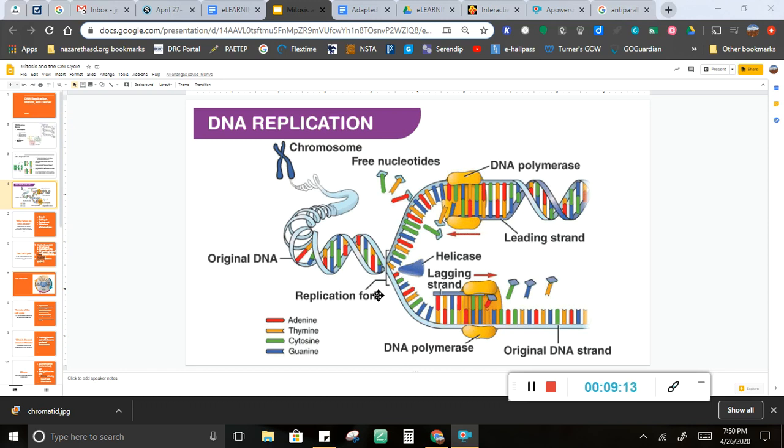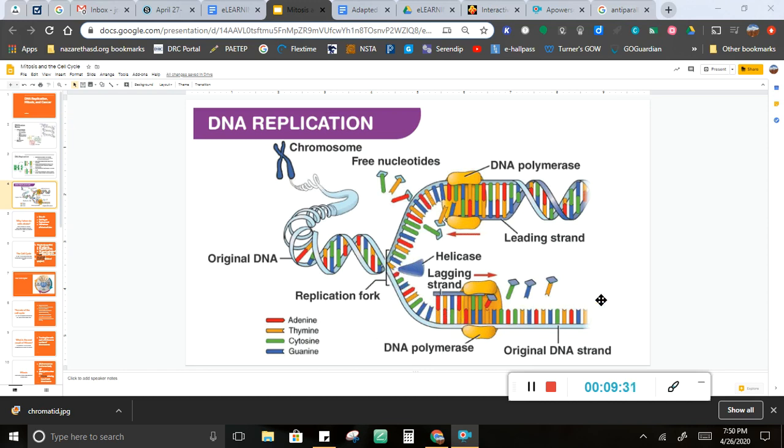It doesn't simply start at one end and work its way down to the very bottom. There are multiple places where this is going on at the same time, making the whole process more efficient.